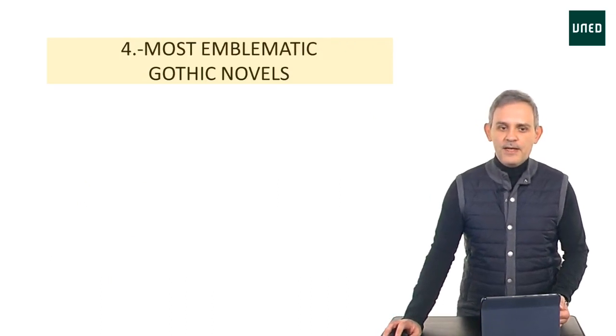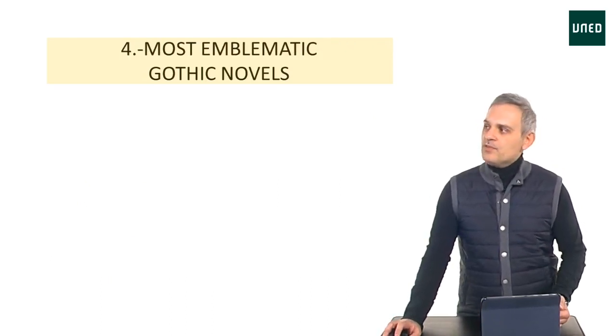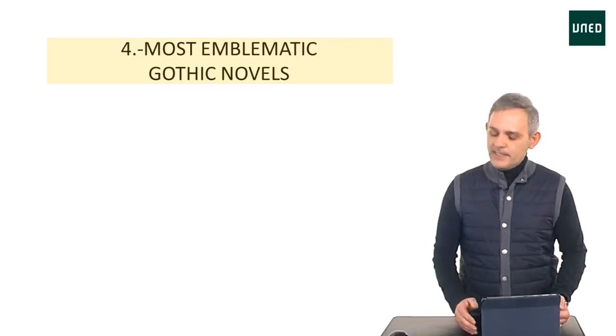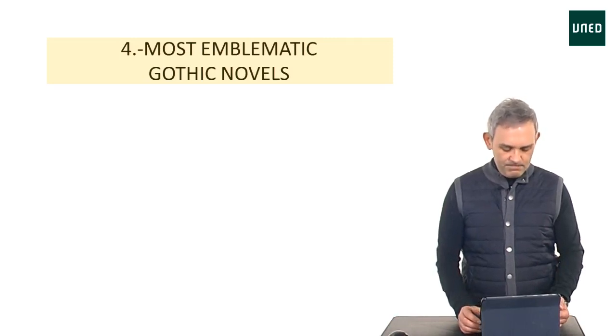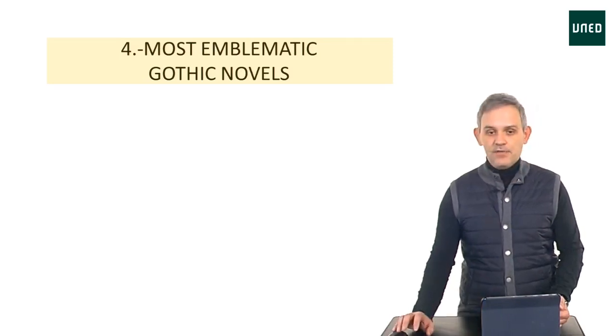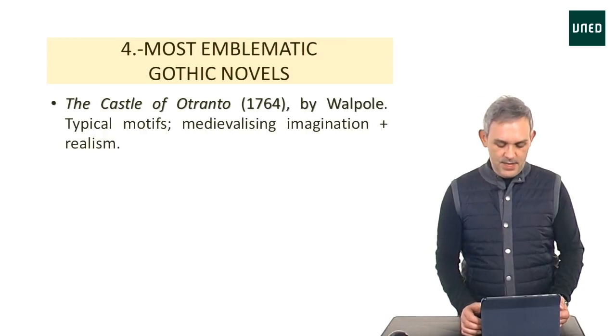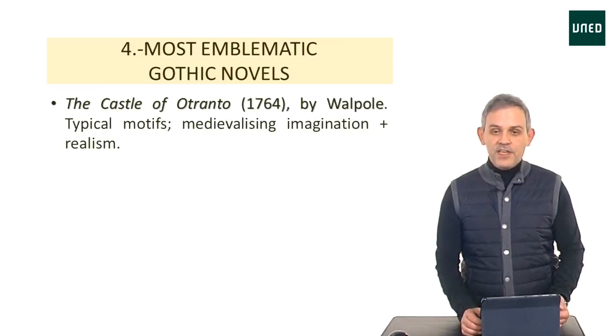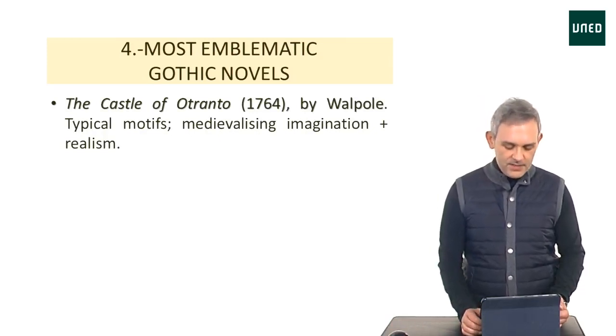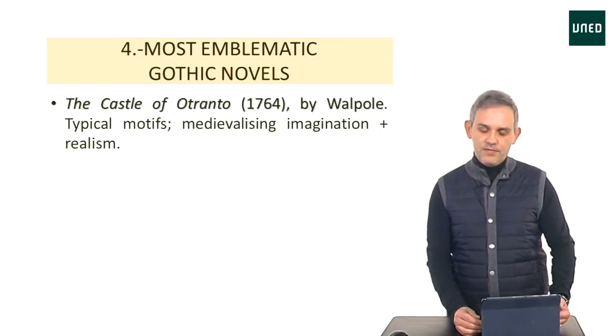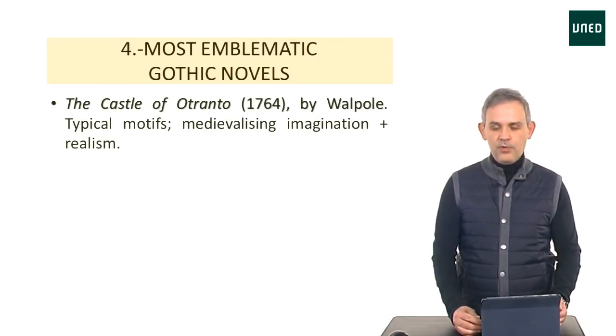Good. So now we move on to number 4, most emblematic Gothic novels. I have selected 5 of them. The first one is, of course, the pioneer of the Gothic, The Castle of Otranto, 1764, by Walpole.